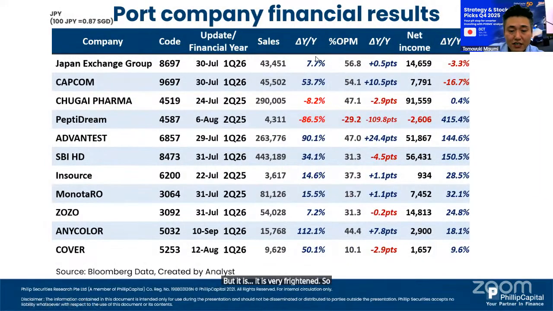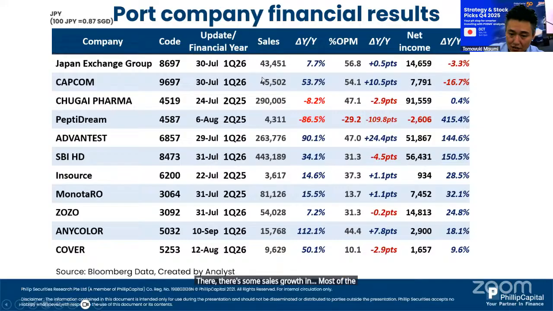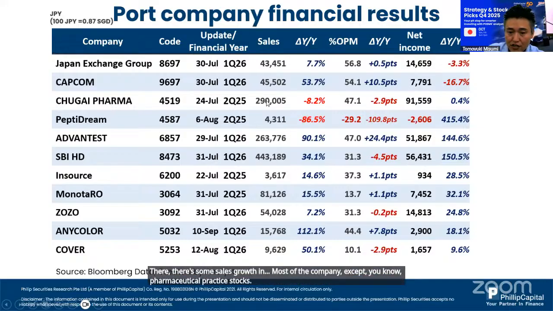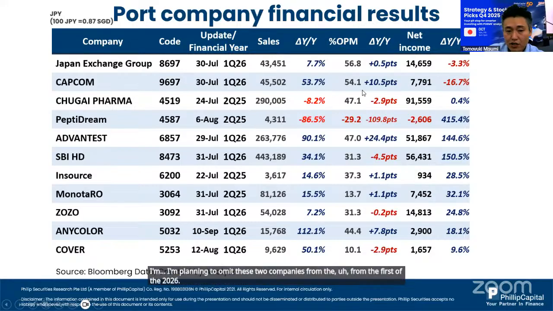So our recent financial results are like that. There's some sales growth in most of the companies except the pharmaceutical selected stocks. It is not an unforeseen recovery, so I'm planning to omit these two companies from the first of the 2026 selected stocks.